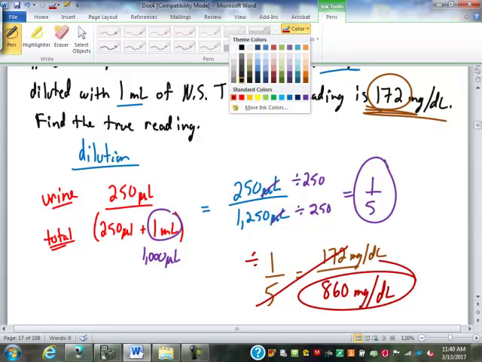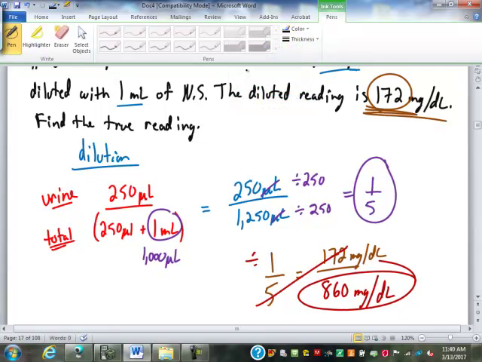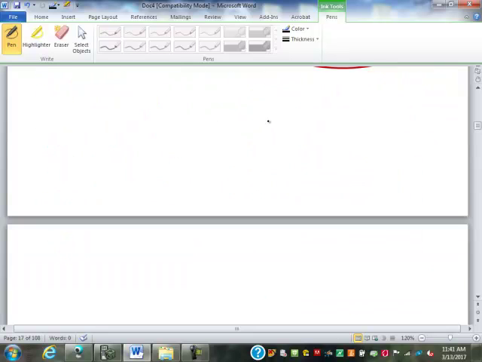Okay. So now that we've worked with these dilutions, we're going to step back and continue with the dilution, but look at the solutions and that concentration that we talked about at the end of the first unit. Actually, the beginning of the second unit, I should say. But remember, that solution has 2 parts.